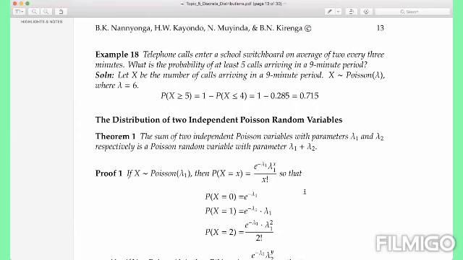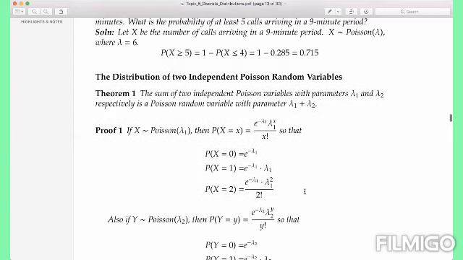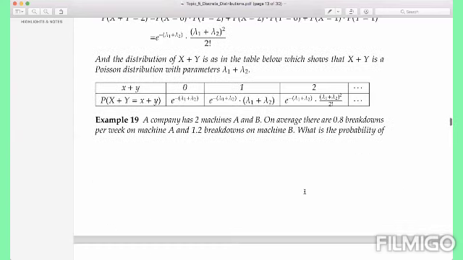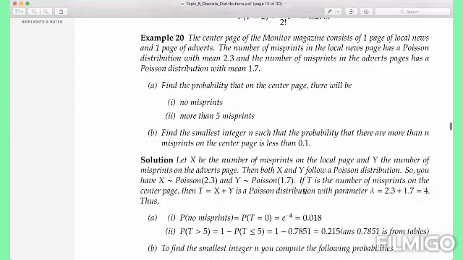You will see how to prove this theorem in probability theory. You can look at it using other techniques, maybe moment generating function or probability generating function techniques, and also how to get the mean and variance. That could be easier, but this is not the scope of the course.